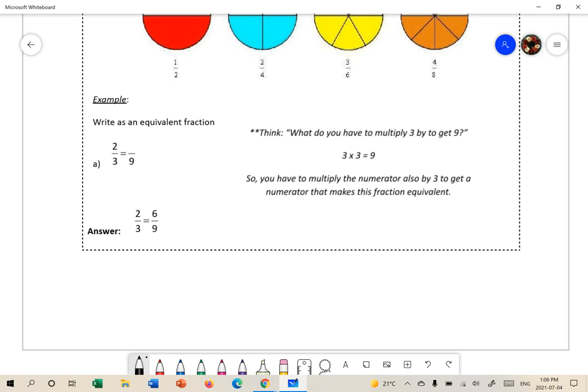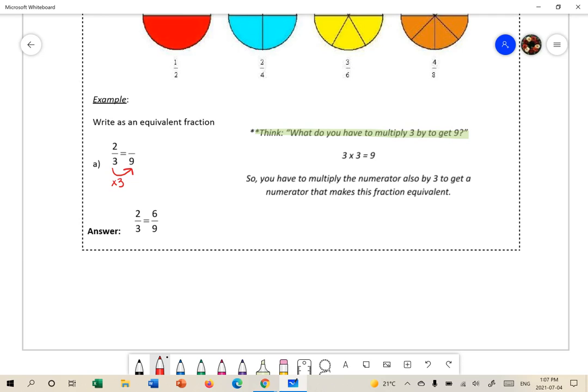Write as an equivalent fraction. So 2/3 equals something over 9. On the right side, it says, think about what you have to multiply 3 by to get 9. So to go from 3 to 9, you multiply 3 by 3.